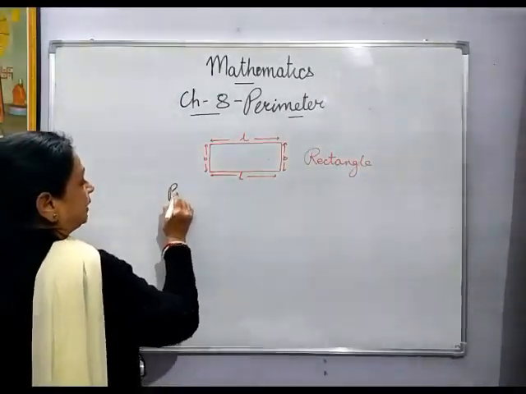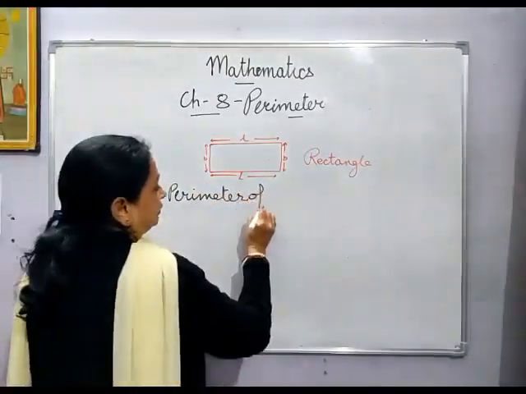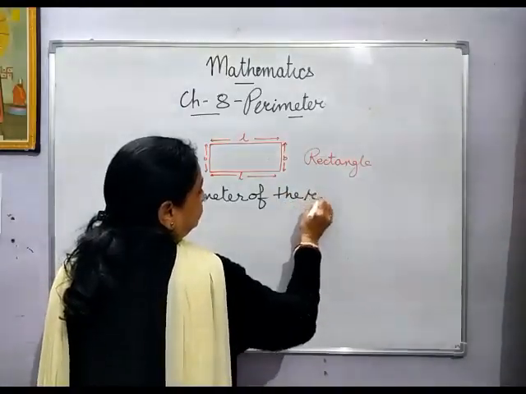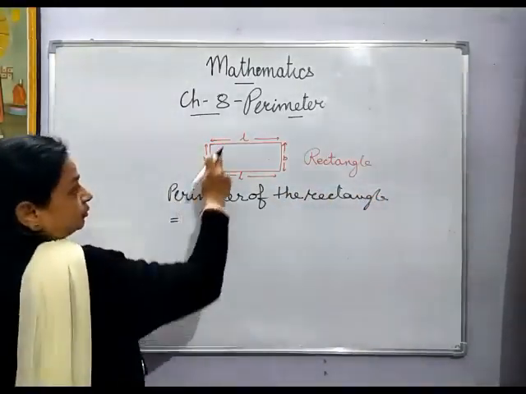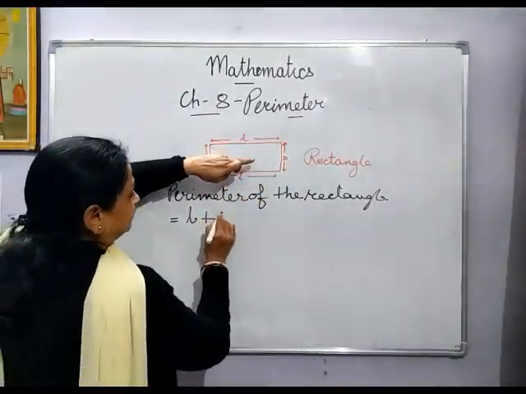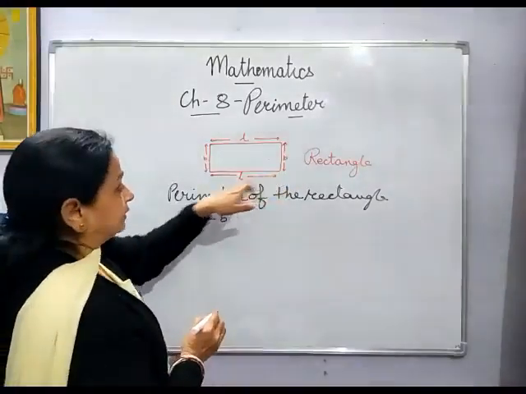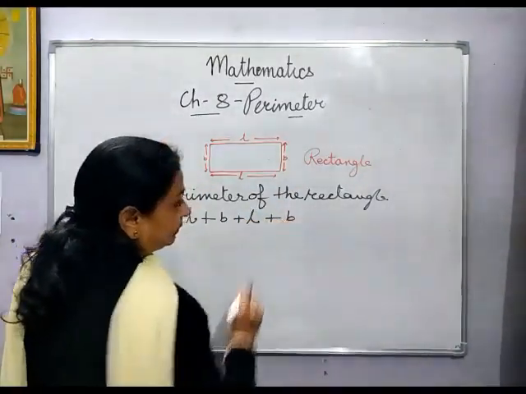So the perimeter of the rectangle is equal to this length plus this breadth. This is length, and this is breadth.